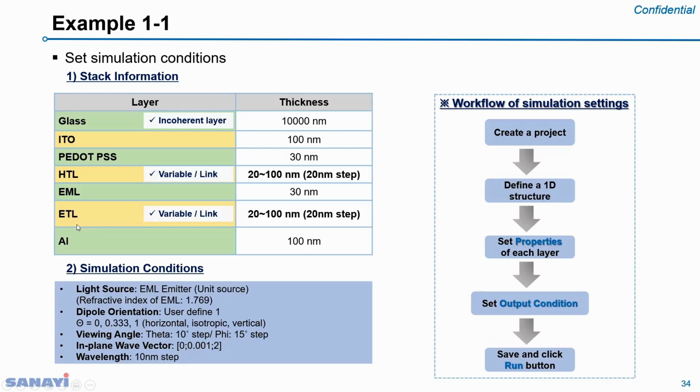Like ETL, HTL thickness should be selected as variable because the initial value is 20 and the final value is 100 and it is 20 nanometer step. It is totally the same as ETL thickness condition.